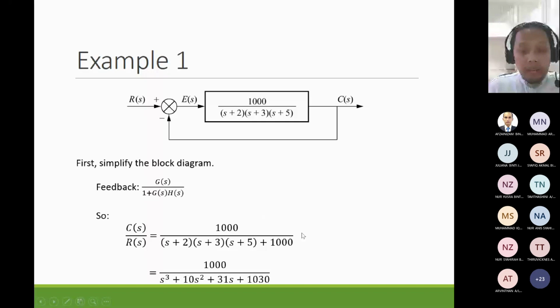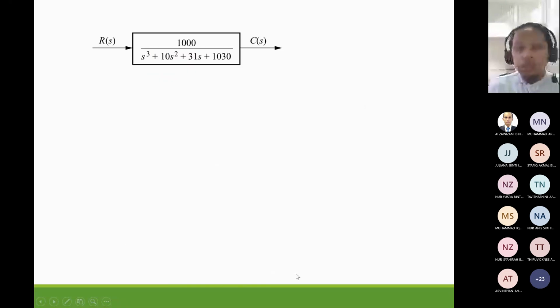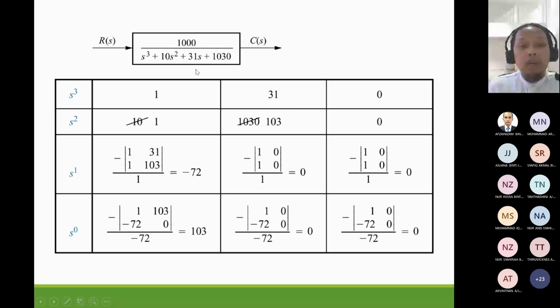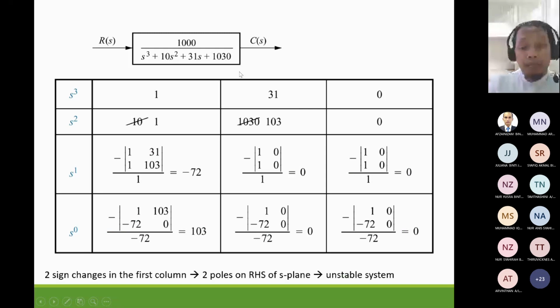And then further expand the polynomial to get this form. You don't want the denominator in the factorized form. You want it in a completely multiplied form. Then after that, we generate the Routh table.